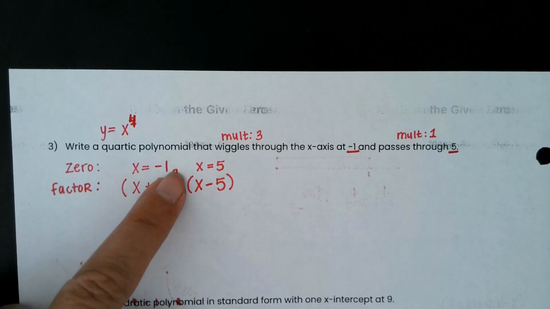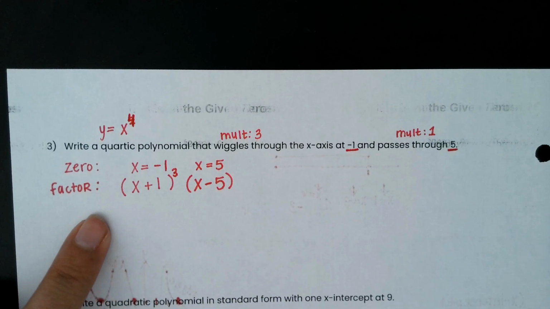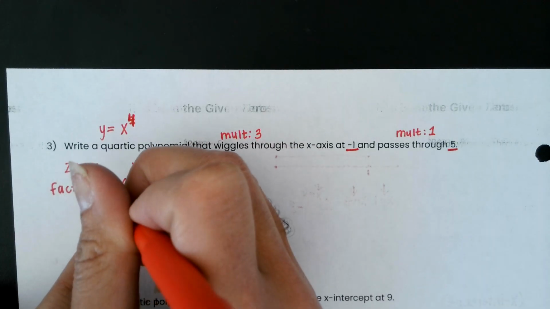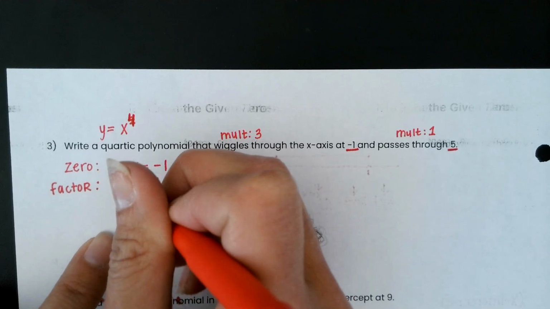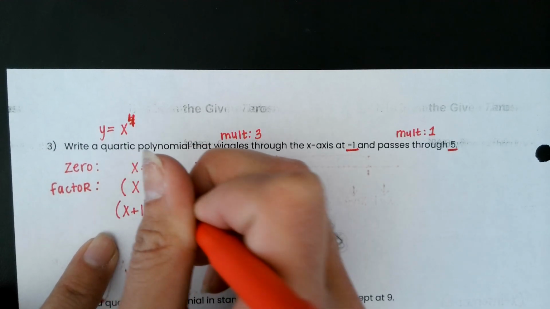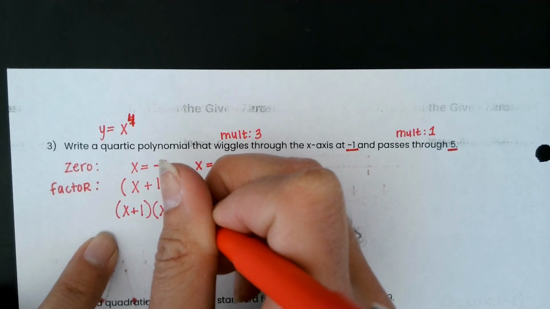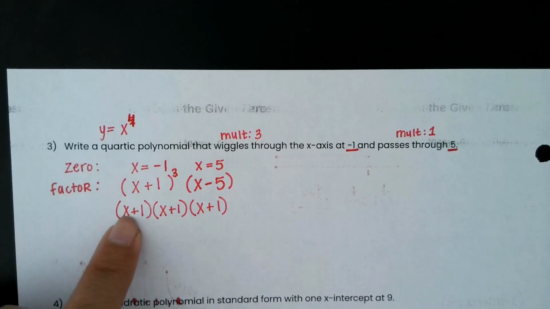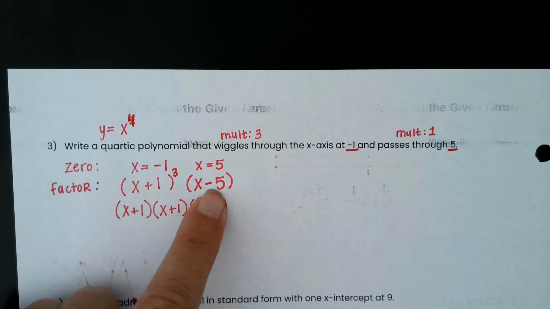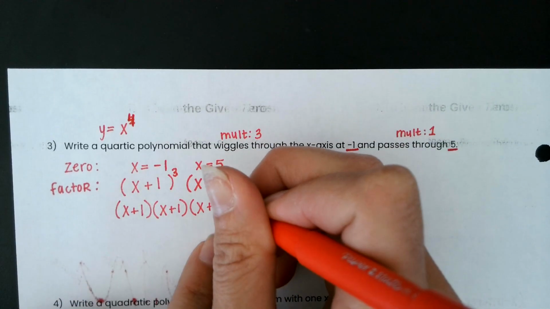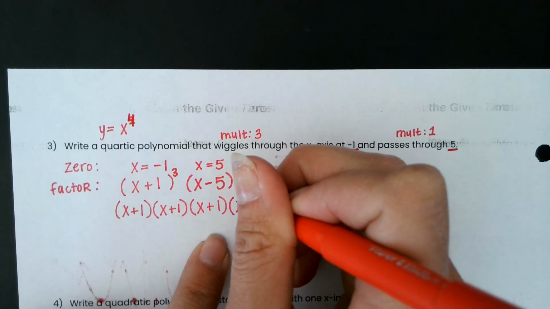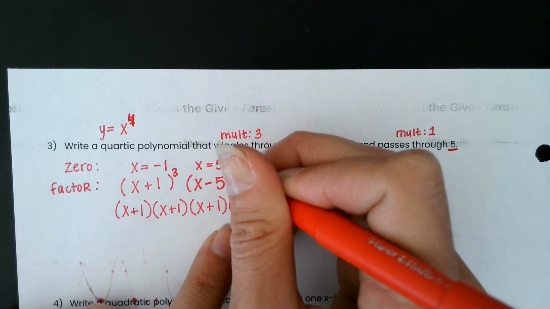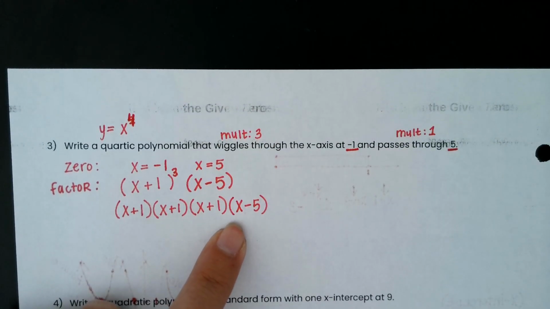When it's to the 3rd power, that x plus 1 factor is being multiplied together 1, 2, 3 times. Then the 4th one is the x minus 5, which only occurs once because the multiplicity was 1.